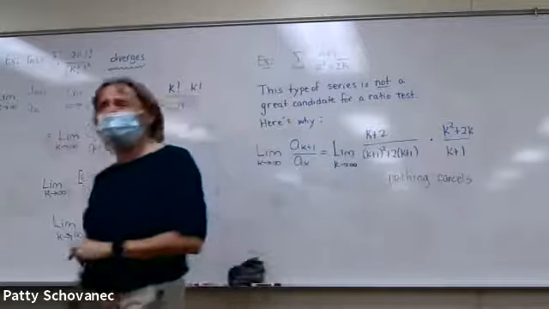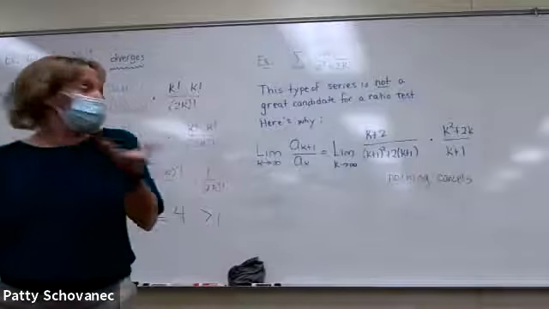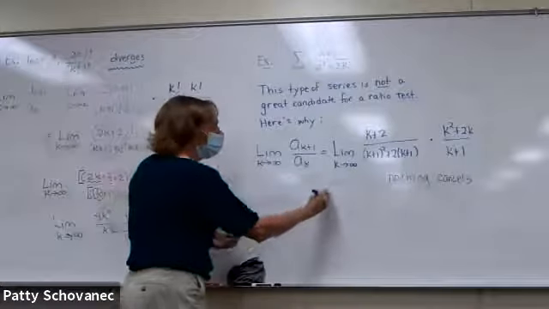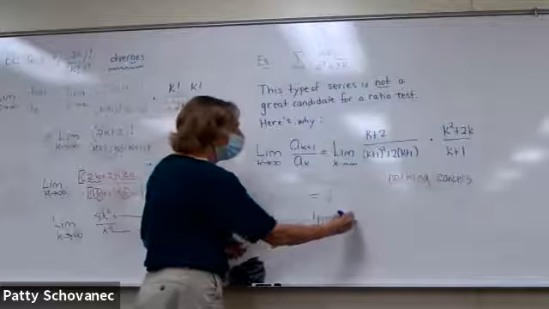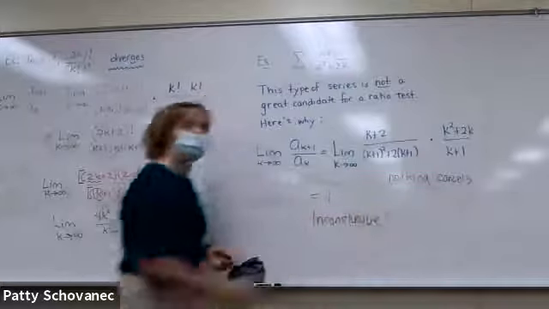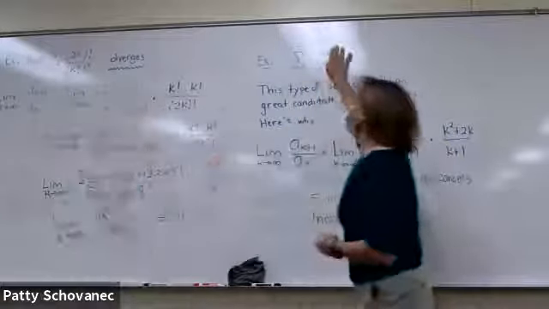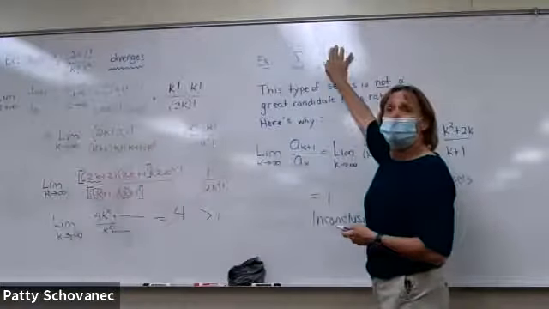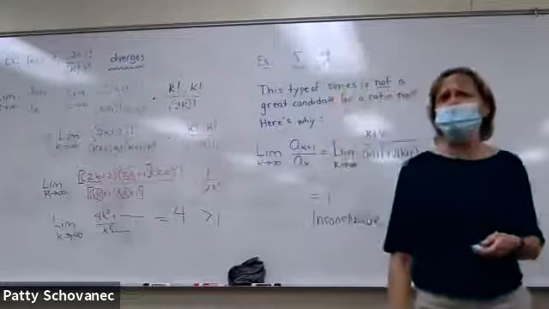So I'd also have a k cubed, both of them with a coefficient of 1. So I get a limit of 1. This test is inconclusive. Okay. Instead, I'd compare it to that series, 1 over k. Do a limit comparison test with 1 over k, and I can show that that diverges.